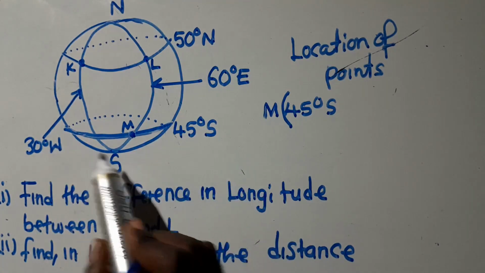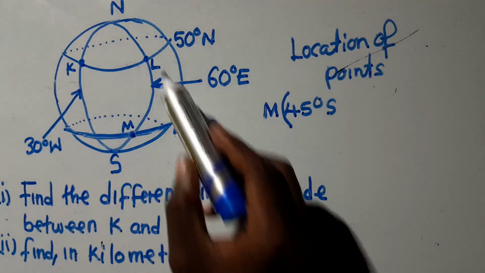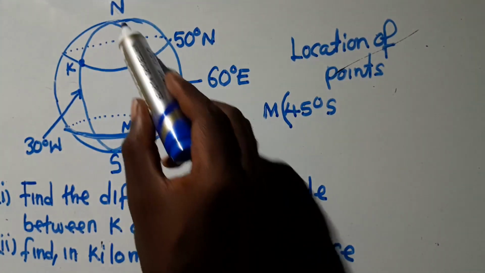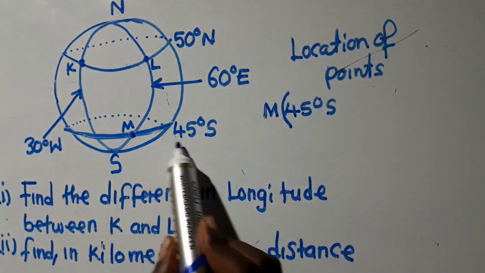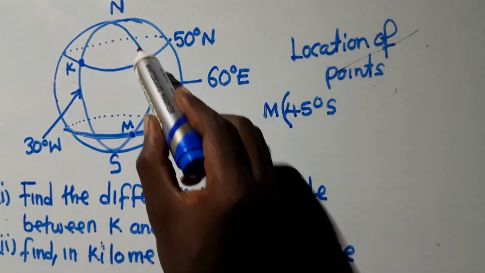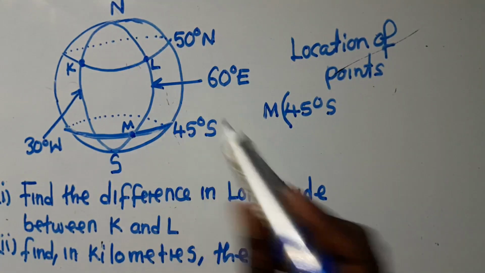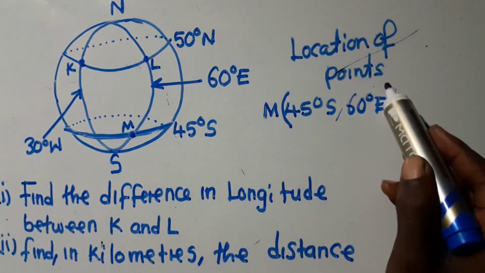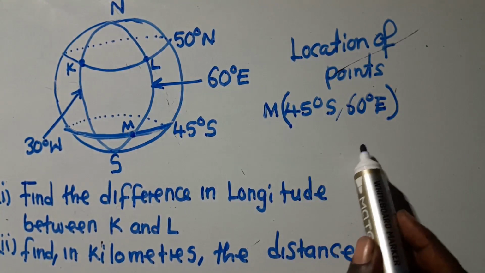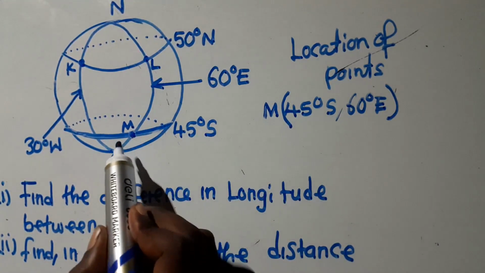Longitudes run north to south. So on which longitude? This is the longitude, 60 degrees, so I say 60 degrees east. This is the location of point M.